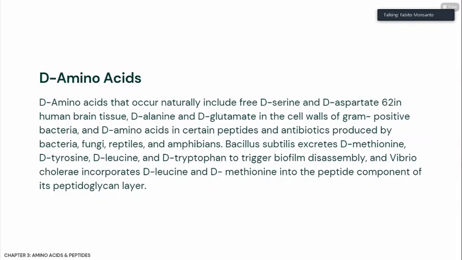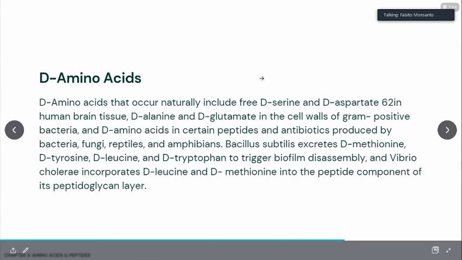Now, we mentioned earlier that the amino acids that are utilized in the formation of protein belong to the L variety. But there are D-amino acids that occur naturally, but they are not utilized by our body, like D-serine, D-aspartate, D-alanine, D-glutamate.